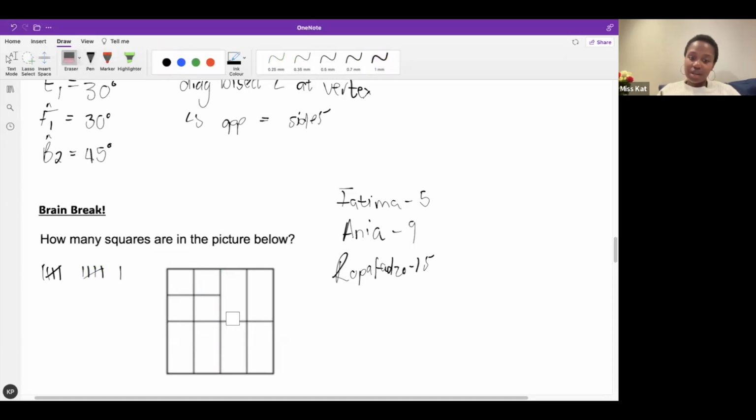So I'm going to need you guys to help me find more. People said 15. I am out of triangles. Oh my goodness. You only see 9. There are 11. Look carefully, Sai.